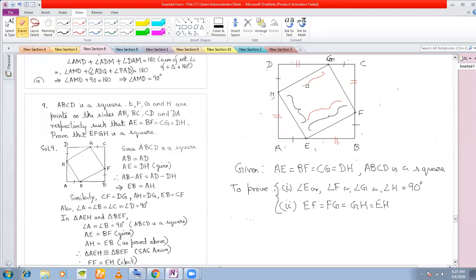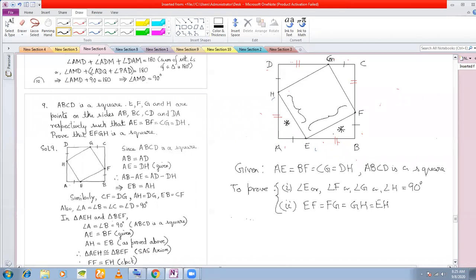So first of all, what we are going to show, these two black marked sides, these two sides shown with your black marks, curly brackets, we are going to show that these two sides are equal. How do you show that these two sides are equal? We are going to show that this triangle is congruent to this triangle.